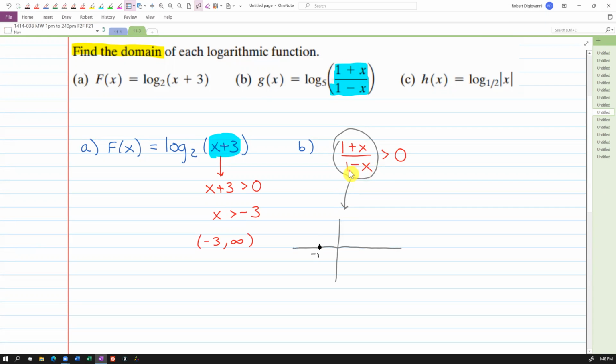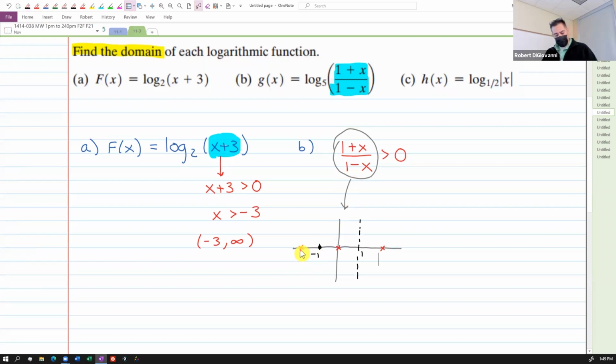Set the denominator equal to 0, you get +1. You got that, right? What we're asking is, when is this thing bigger than 0? All I need to do now is pick a couple of test points, here, here, and here, and see if I get positive or negative numbers when I plug them in.